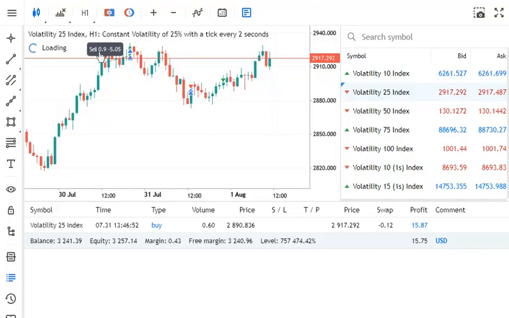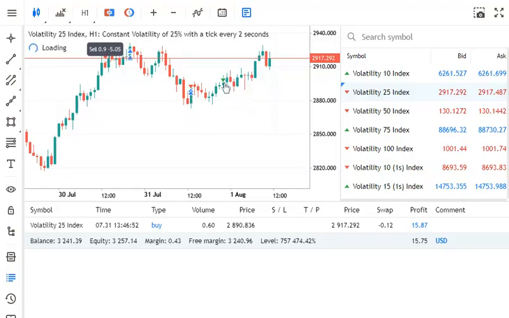So you see this point here that says sell 0.9 minus $5. That was the point where we sold, and this was the point where the market took us out. After we waited for the market till it got to this point, we bought two trades here.